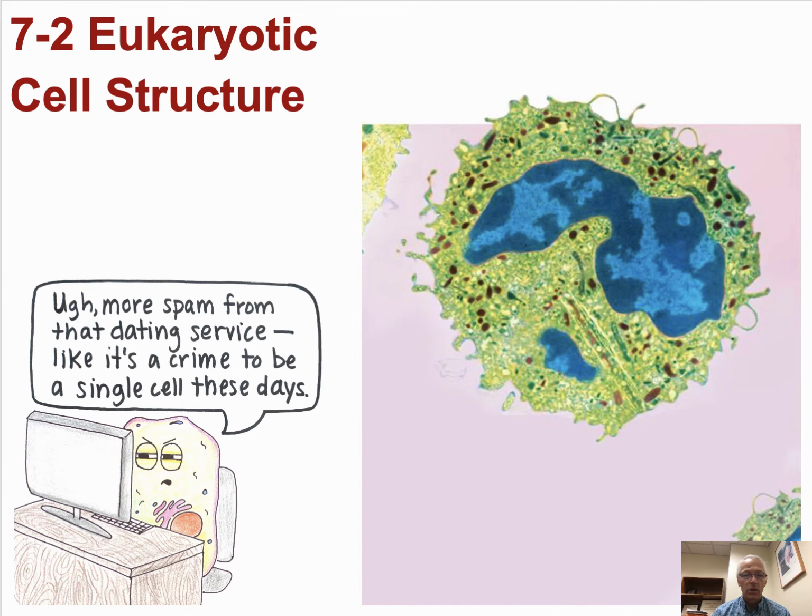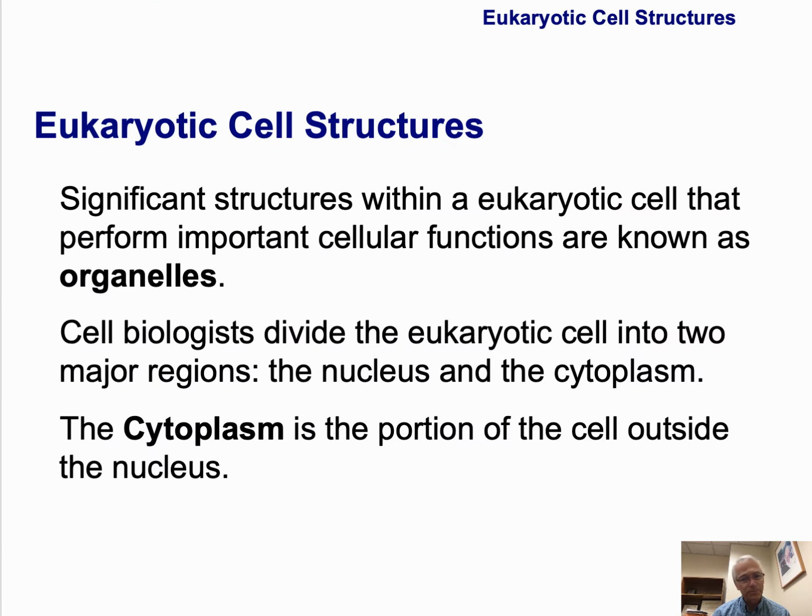All right, so eukaryotic cell structures. We and plants and fungi are made of eukaryotic cells. These are the larger, more complex cells of the two types, eukaryotic and prokaryotic.